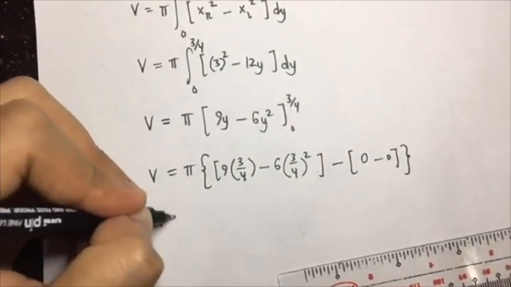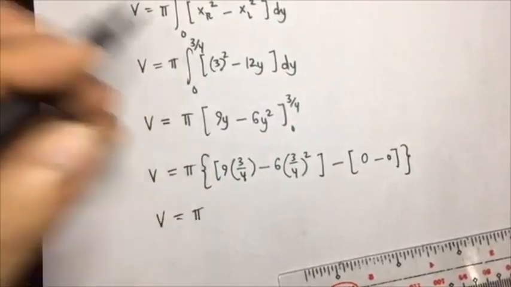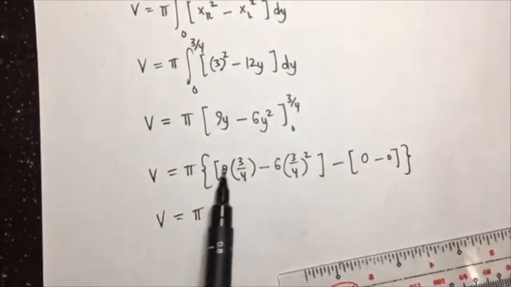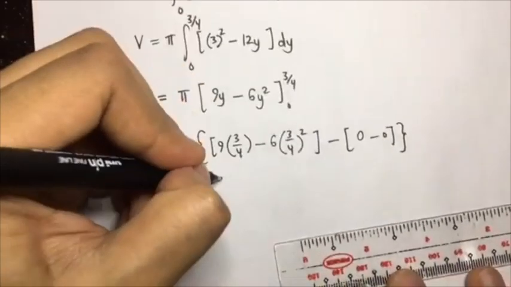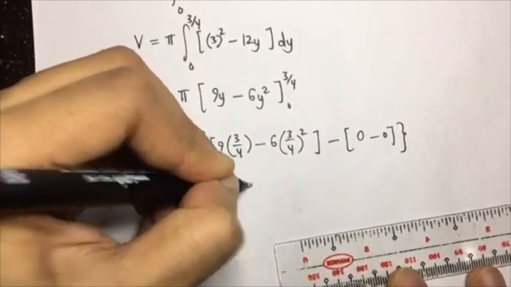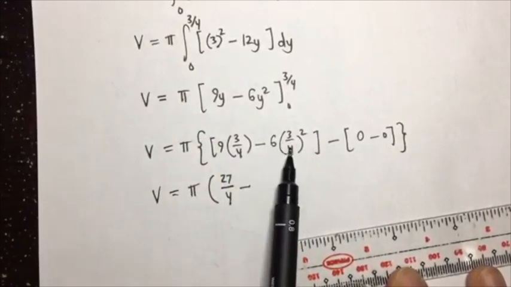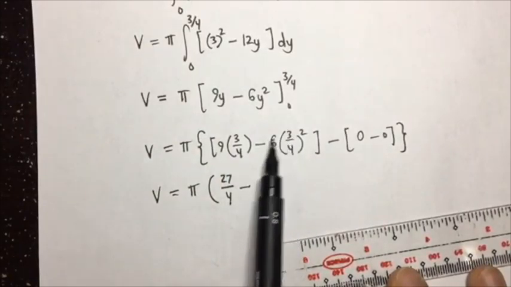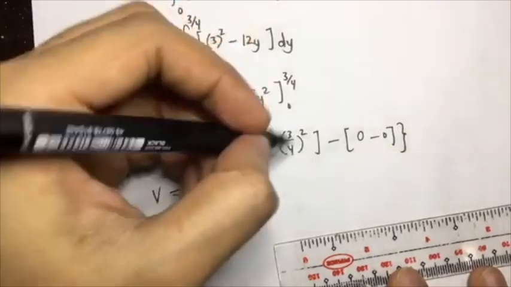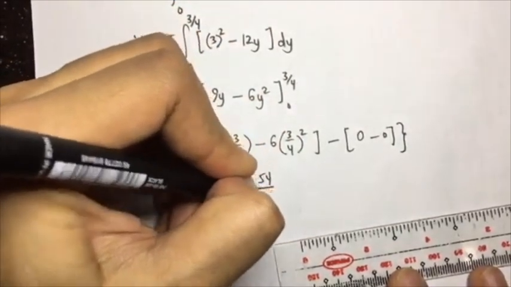Okay, so you can use your calculators from here. This is 27 over 4 minus 9 over 16 times 6, that is 54 over 16.